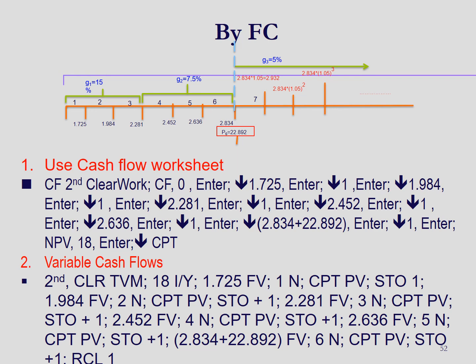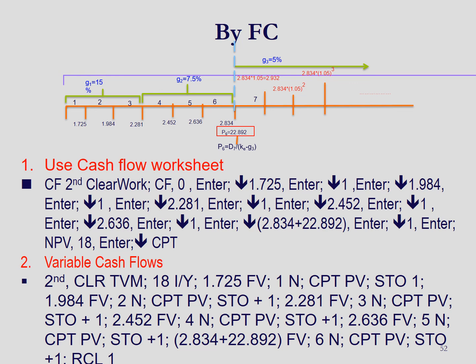We see that we actually have a constant dividend growth case with the constant dividend growth rate being 5%. We can apply the constant growth dividend valuation model to obtain the price at the end of year 6. P6 is equal to D7 divided by KE minus G.